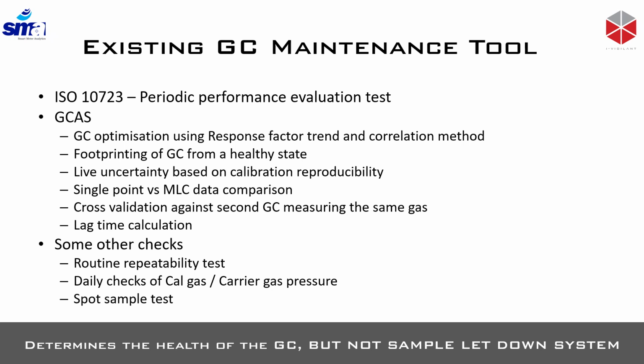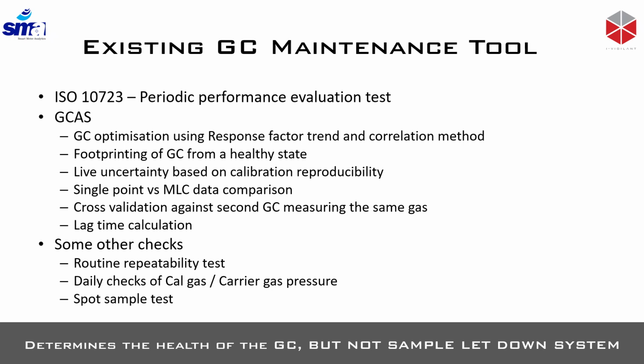There are some other checks that we can do. People tend to do routine repeatability tests, although using a condition-based monitoring tool like GCAS, that can be replaced by uncertainty calculation. There are daily checks of calibration gas pressure, carrier gas pressure, and the situation surrounding the GC that technicians check on site.